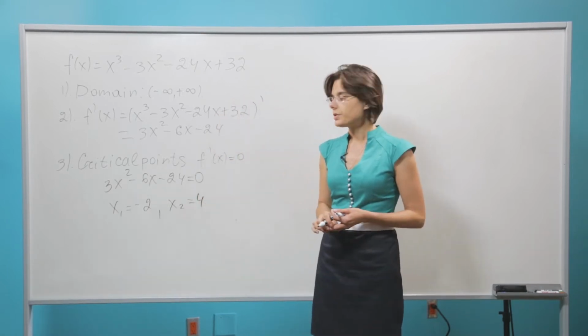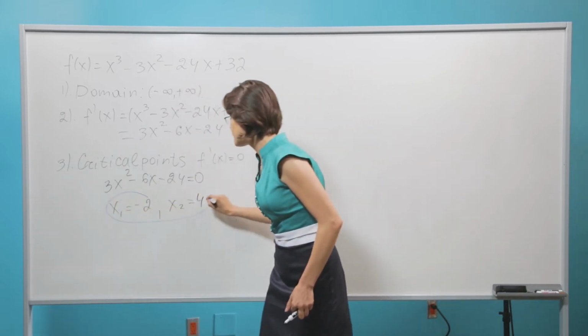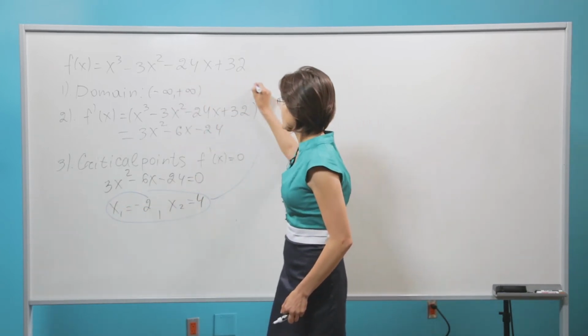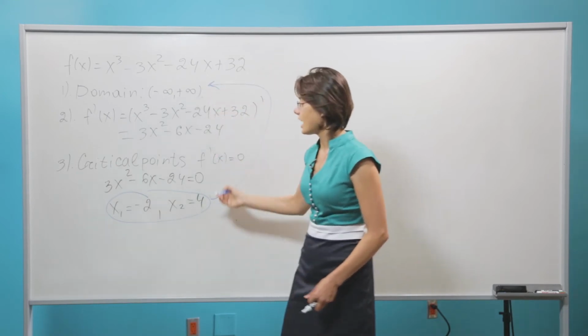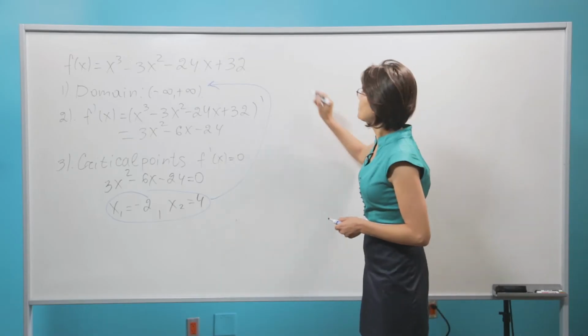These are critical points. The only thing we have to check is that these points are in the domain of the function, so the function actually exists at these points. In our case, yes, they're in the domain, so both of these points are critical points. The next step is the following.